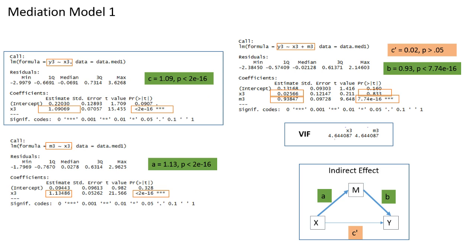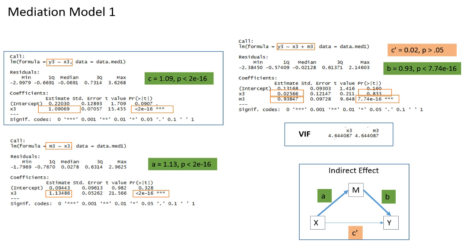I ran two different mediation models, and this is the first model that I ran. Baron and Kenny suggest that to test for mediation you do 3 steps. First is to test for the direct effect with X as a predictor of Y, which is path C from the previous diagram.